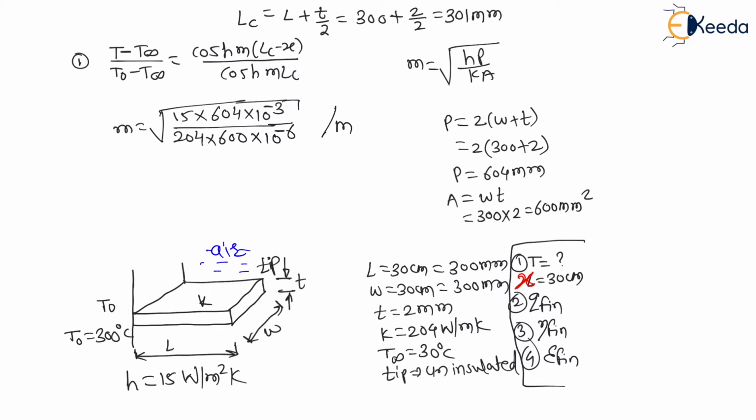The unit of this m will be per meter. Now if I calculate this m, I will get m is equal to 8.603 per meter.